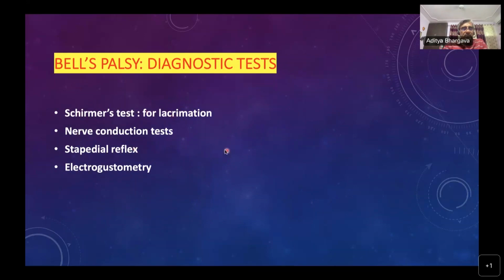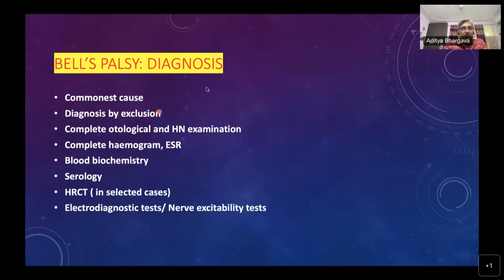As mentioned earlier, these are the tests we do. The more commonly done are these two tests: the nerve conduction test and the stapedial reflex test. Bell's palsy: how do we arrive at the diagnosis? As I mentioned, it is a diagnosis by exclusion. It is the commonest cause, so the first thing that should come to your mind is Bell's palsy.